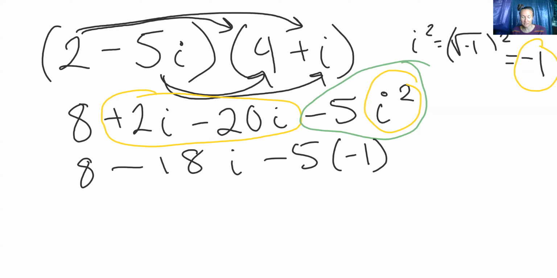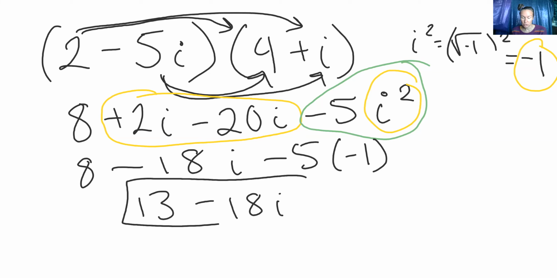When I add that +5 to the 8, I'm going to get 13. And we've still got the -18i. So even though we multiplied these two things, because the i simplifies the way it does, we just end up with another complex number. Okay.